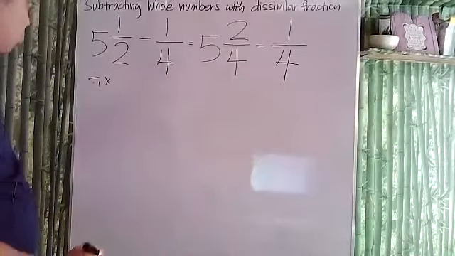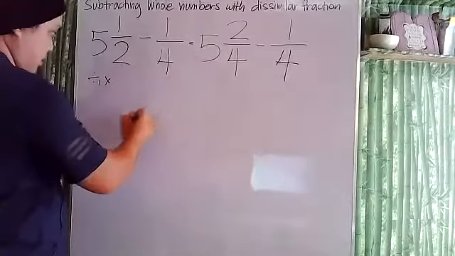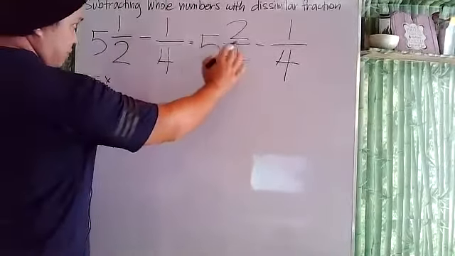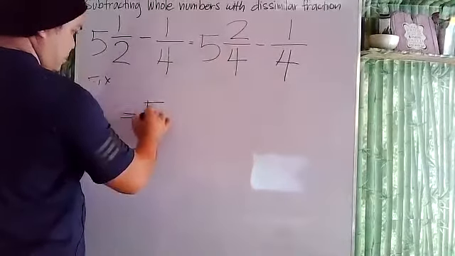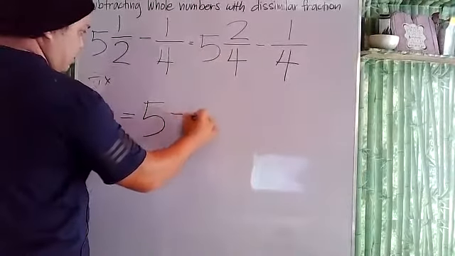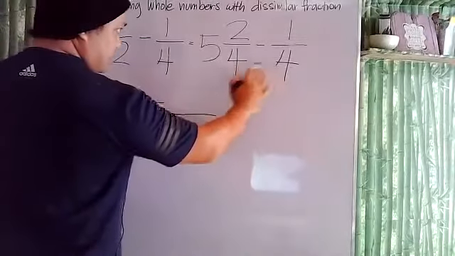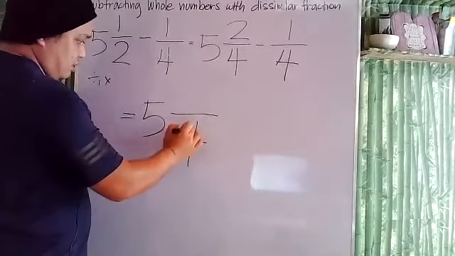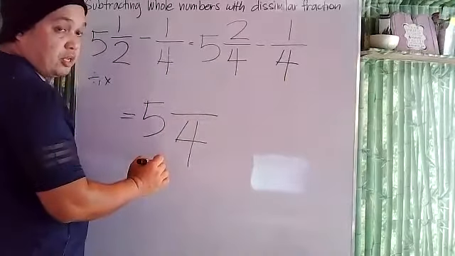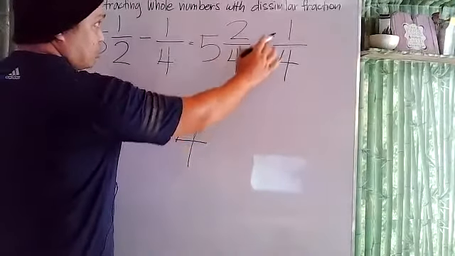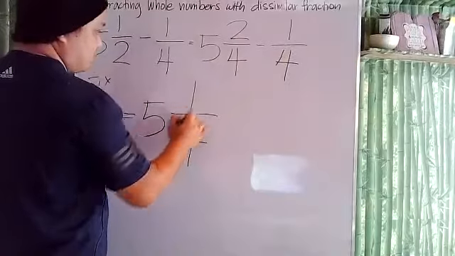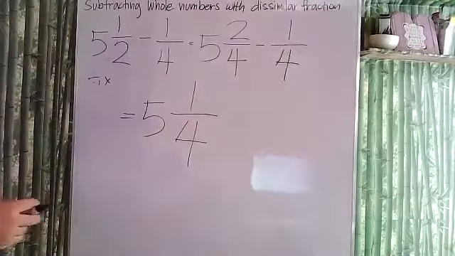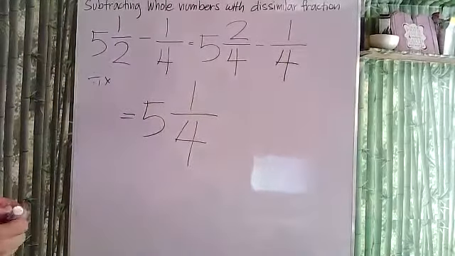To subtract that, 5 minus nothing is 5. Now let's subtract the fractions. Copy their denominator and subtract their numerators, which is 2 minus 1 is 1. Therefore, our answer is 5 and 1 fourth.